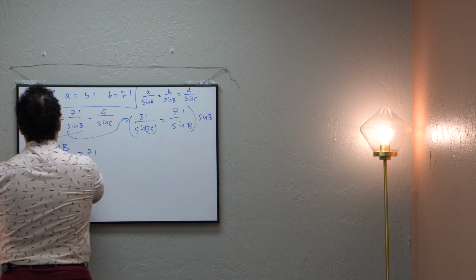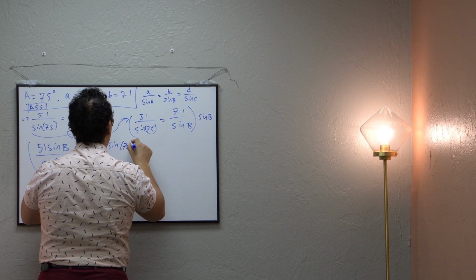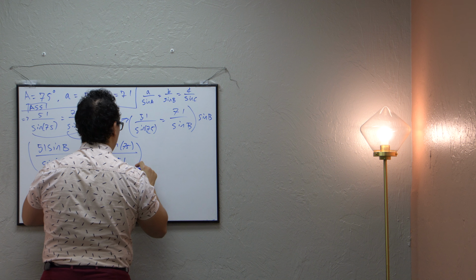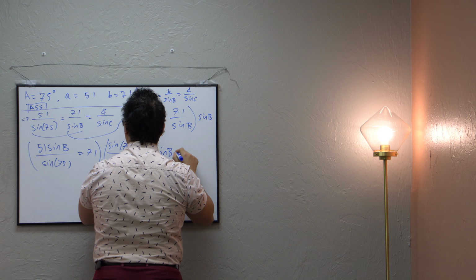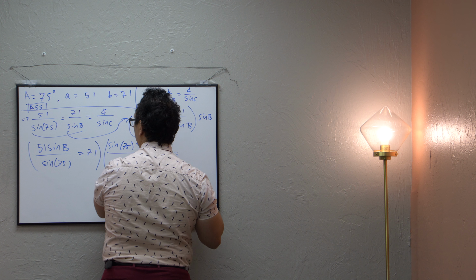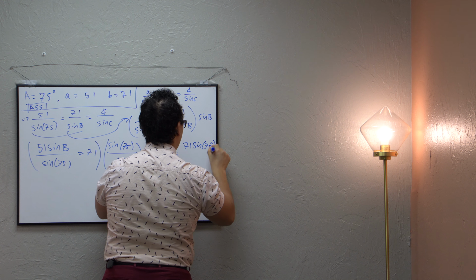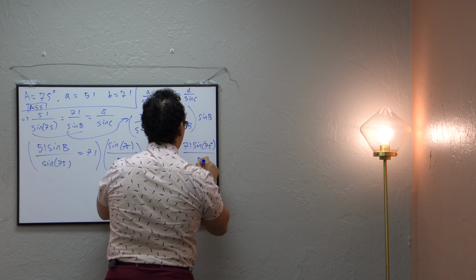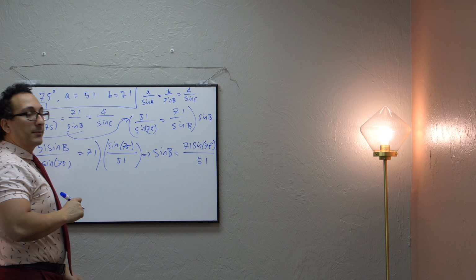Then I multiply both sides by the reciprocal, sine of 75 over 51. That implies sine of capital B is equal to 71 sine of 75 all over 51, equal to sine of B.